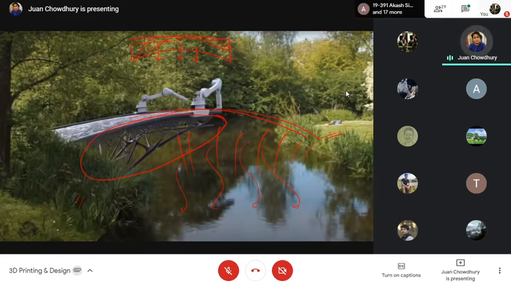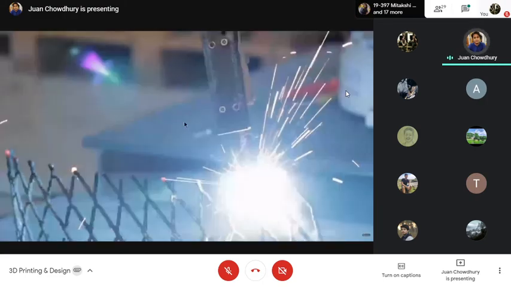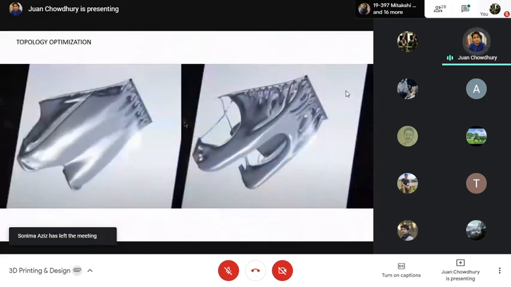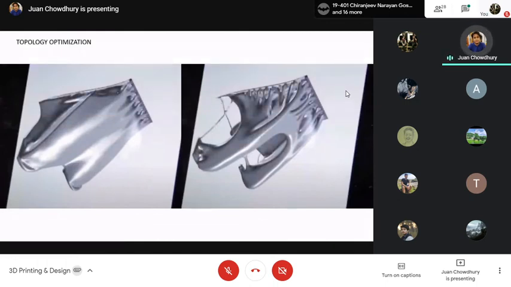So another example I would like to point out, yeah, this is the welding, okay, and this is the topology optimization. As you can see, from a solid bridge, you run an algorithm where it cuts down the material. Okay, if you ask any expert who has been involved in manufacturing such parts, they will straight away reject this part because it cannot be manufactured with conventional methods.